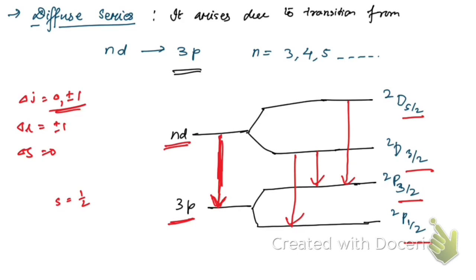Let me take the last series. Let me show you the last series, that is fundamental series. Let's discuss about fundamental series. So now we're going to discuss about fundamental series.